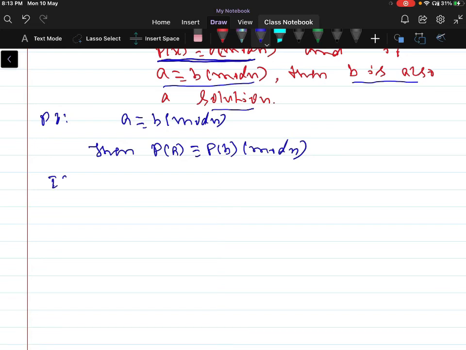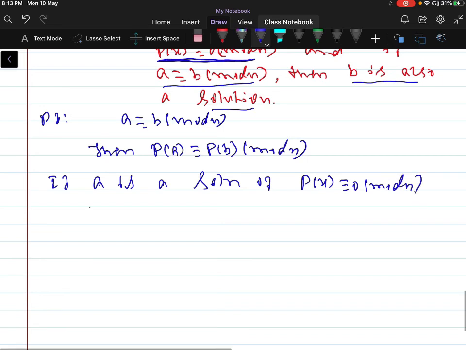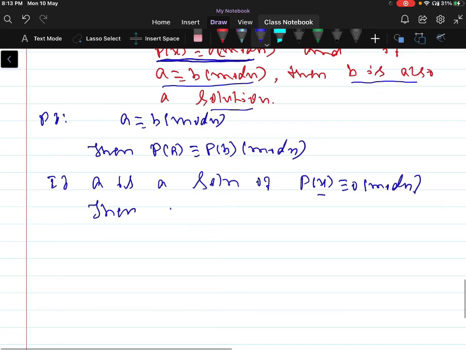Suppose a is a solution of the congruence p of x is congruent to 0 modulo n. Then we take x equal to a, so p of a is congruent to 0 modulo n.